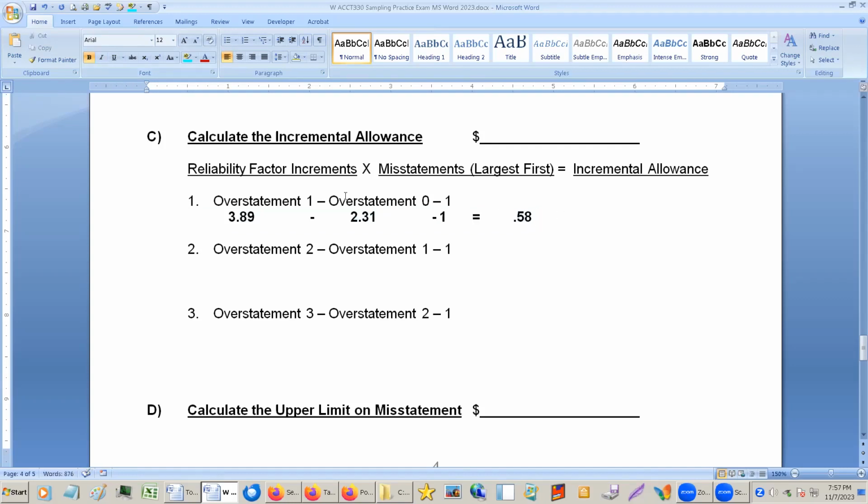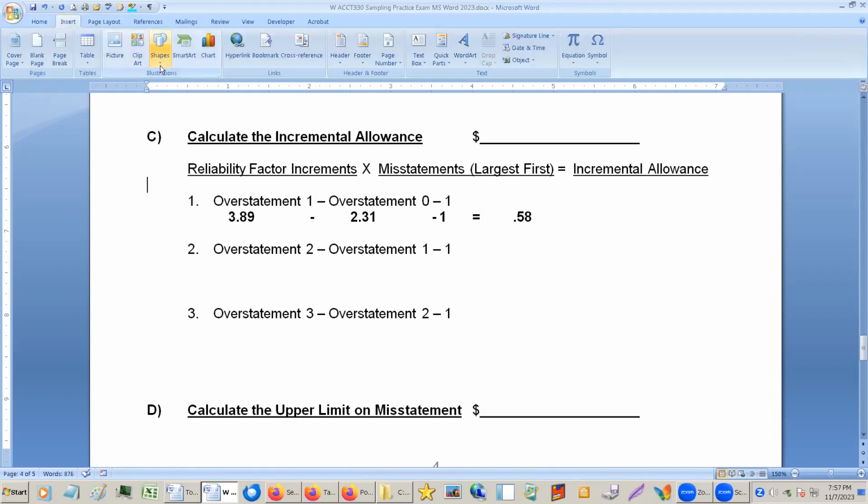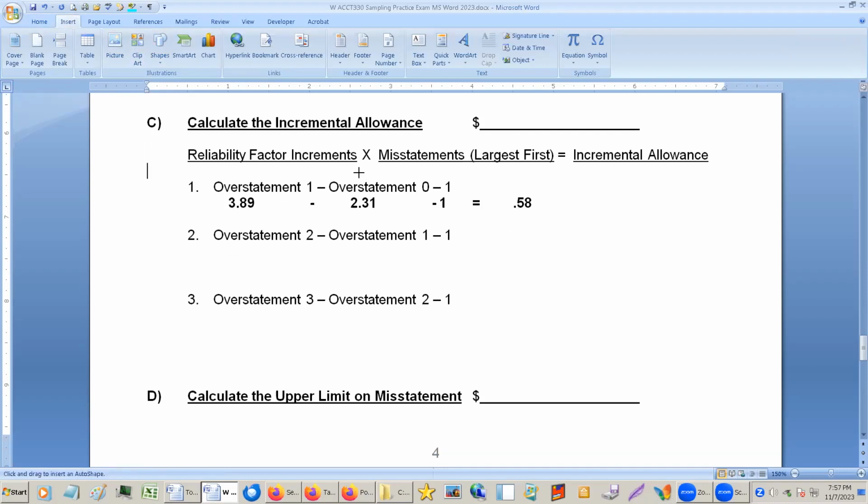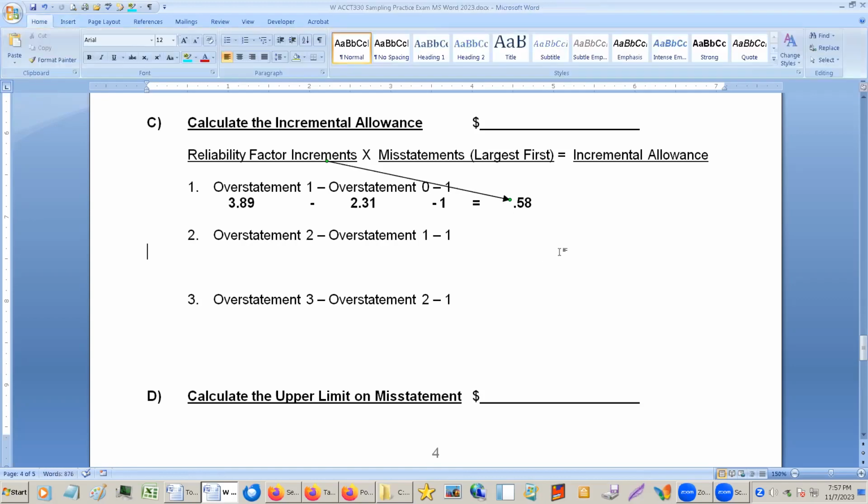And so this is what you'll take. So this is reliability factor increments. We're going to multiply that by the misstatements largest first. That shouldn't be a problem.